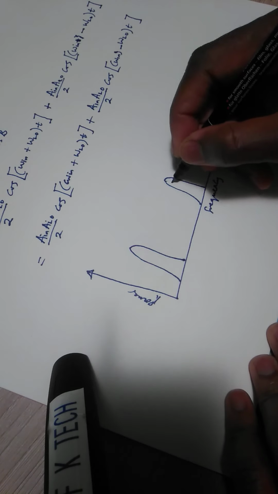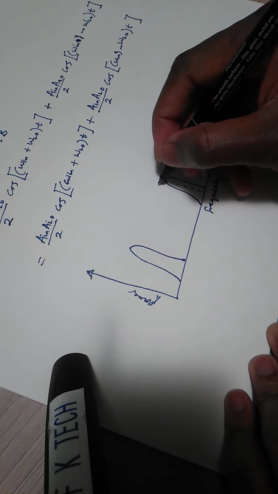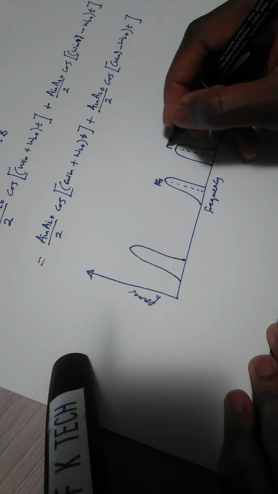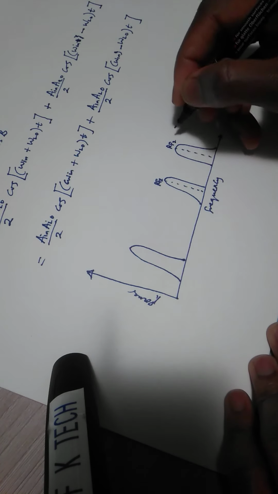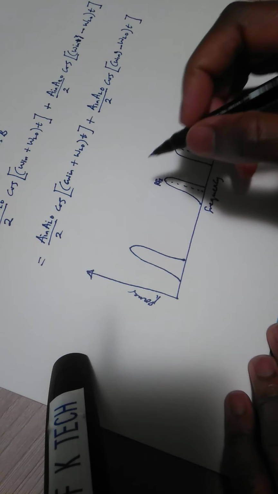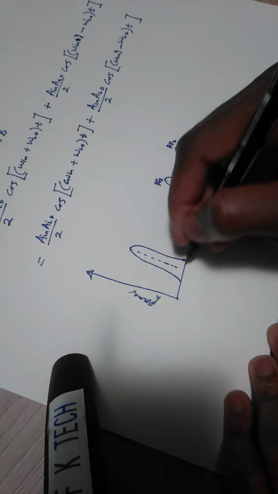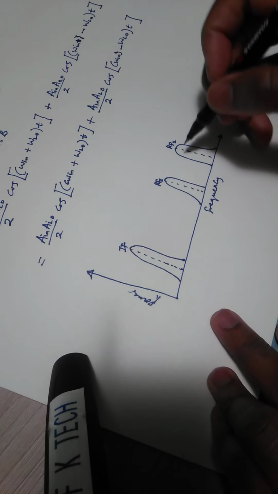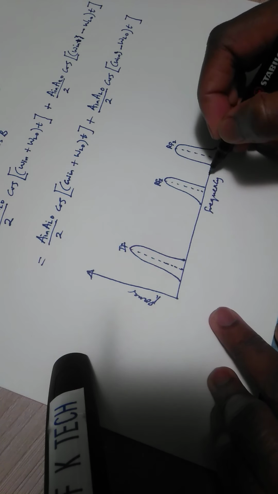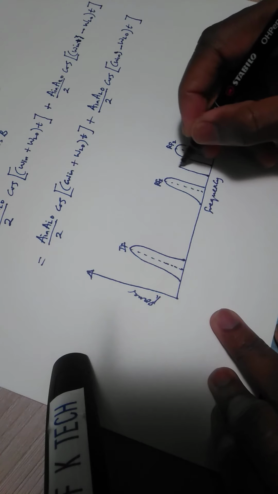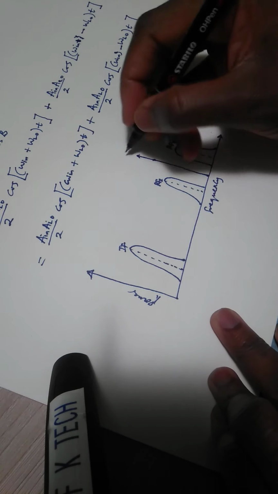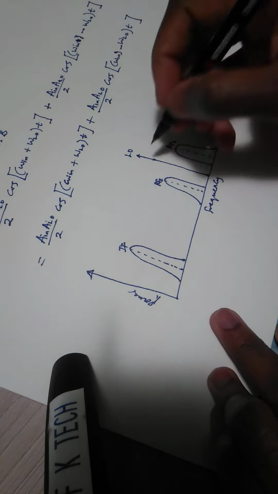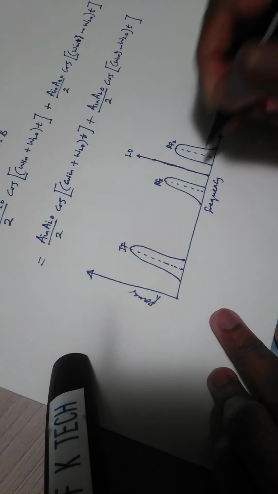So if I write here, let's say RF1, and here another RF frequency, RF2, and I put here the intermediate frequency, IF. And here we have LO, local oscillator, or rather we could refer to it as the standing frequency, which is the local oscillator, right?